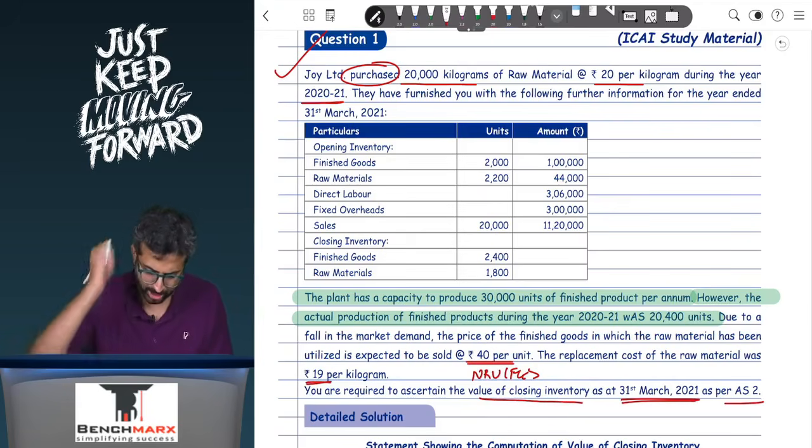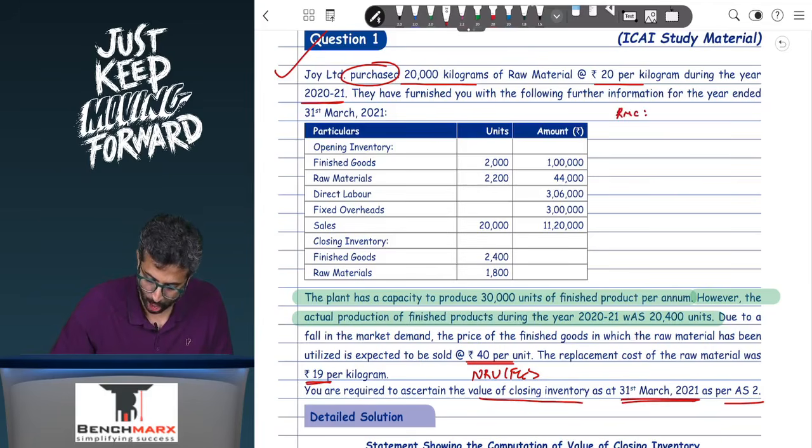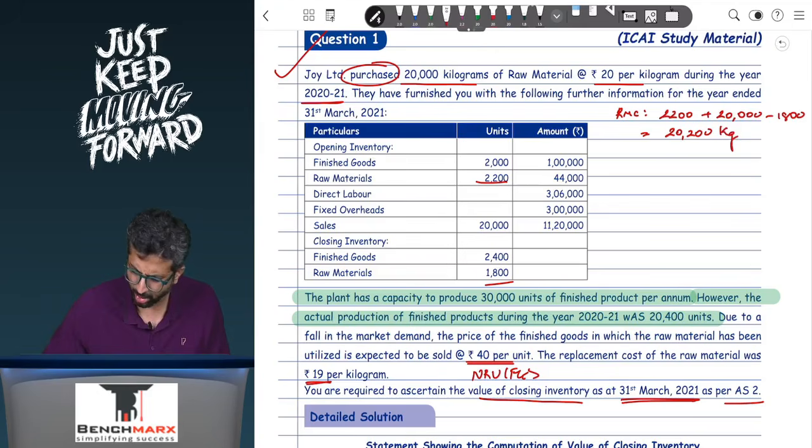Now if I want to find the raw materials consumed, my opening stock of raw materials was 2,200 plus the raw material purchase was 20,000 kgs and the closing stock of raw material was 1,800. So if I do this working, I will get 20,400 kgs of raw materials consumed.